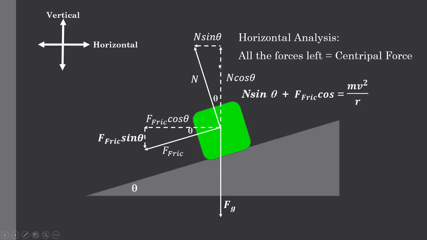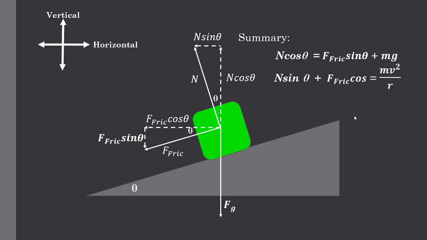So the object is not moving up or down. That leaves us the two left-directed forces, n sine theta, and the cos of the friction force operating into the centre, which of course is equal to the centripetal force, mv squared on r. In summary, there's our two statements in terms of horizontal and vertical forces.